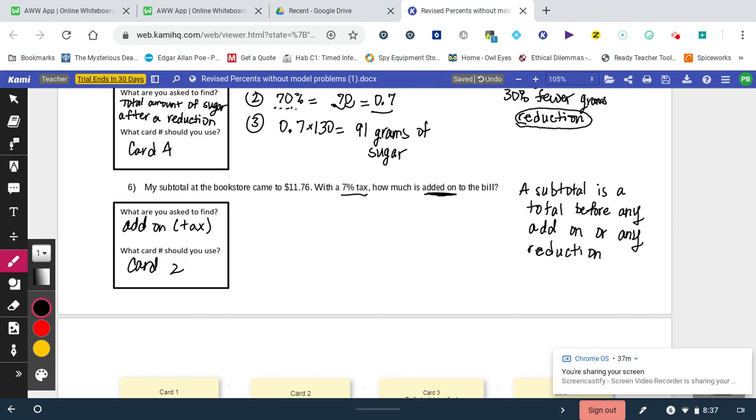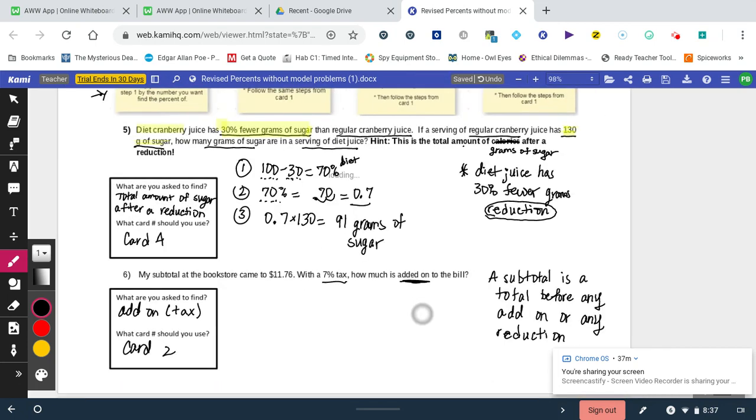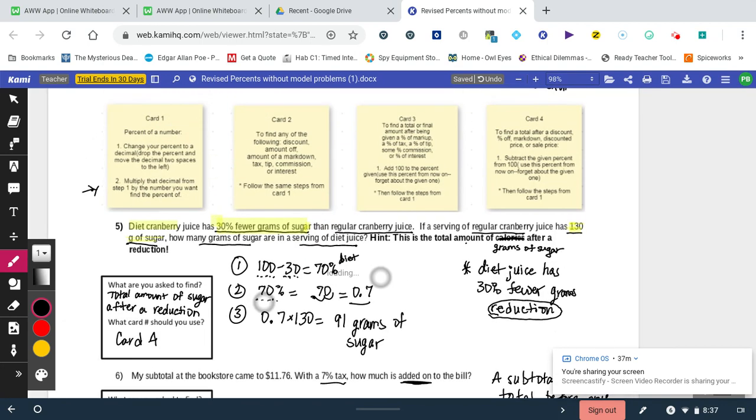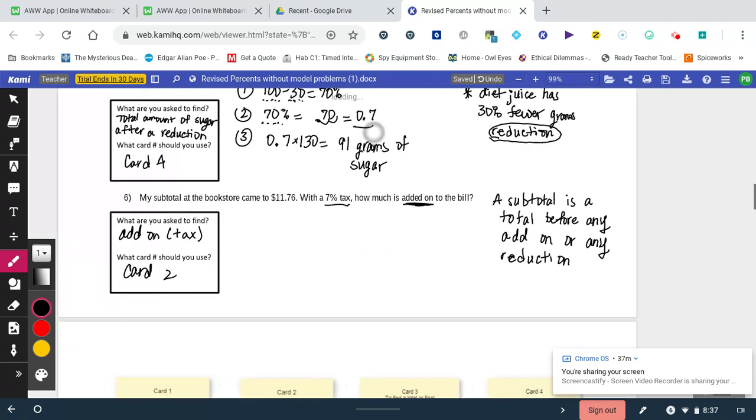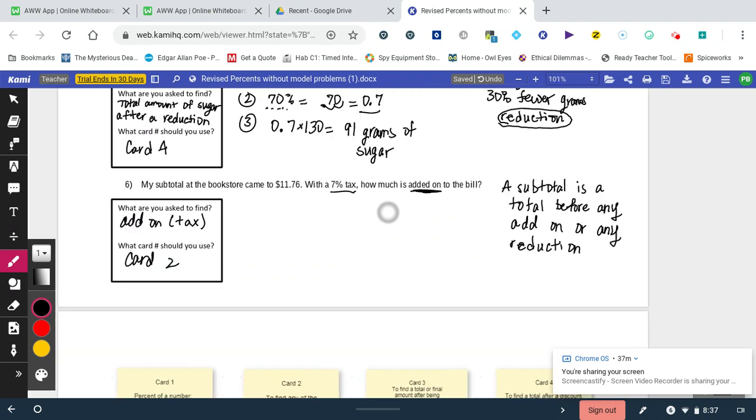All right, so we're just using card 2. Card 2 tells us to follow the steps from card 1, as you can see right here. So we're going to take this percent and change it to a decimal. We're going to drop the percent and move the decimal 2 places to the left. Fill in that empty space with a 0.